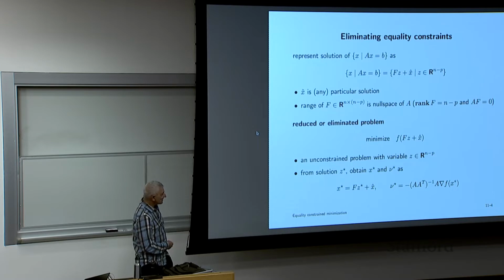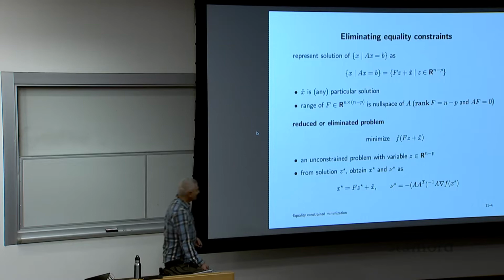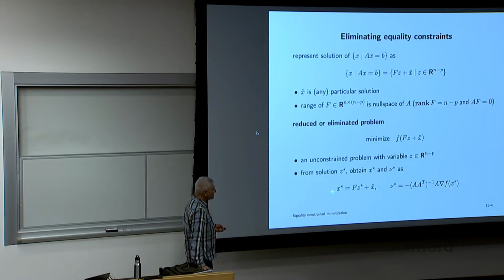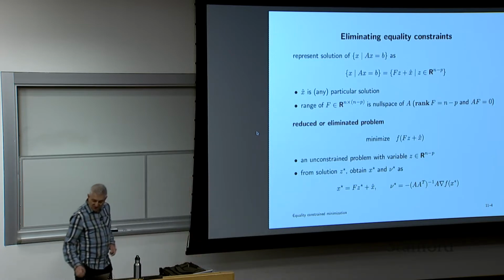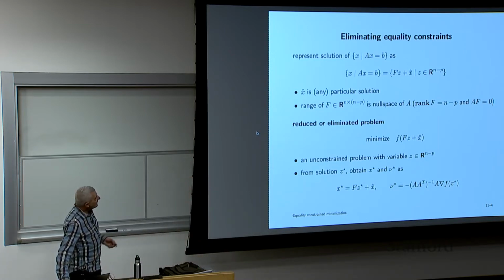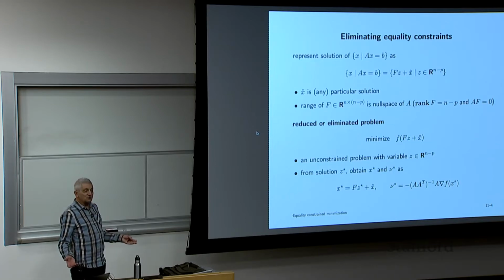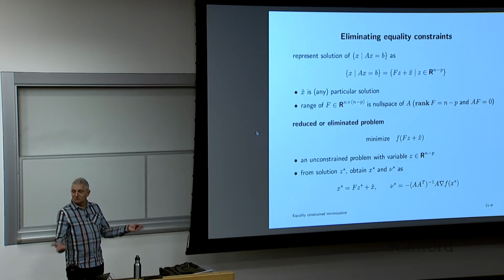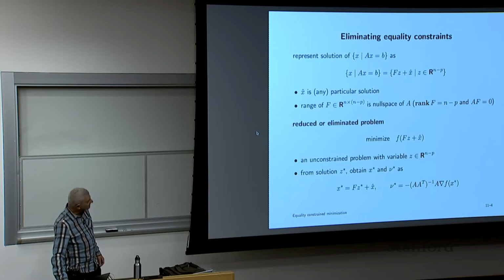I could do all sorts of things. Once I know z star, I can reconstruct x star and even nu star as well, right? So that's an equivalent problem. And this just works by Newton's method, right? So we just use Newton's method to solve that.